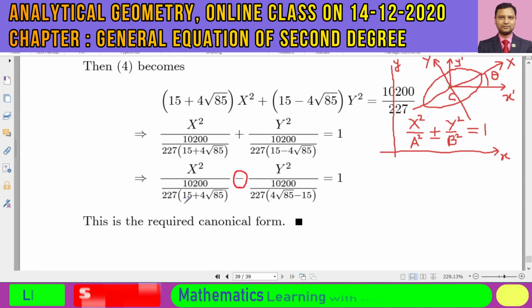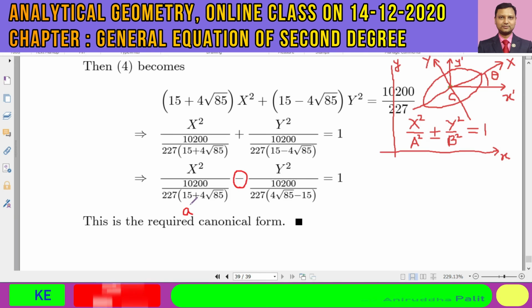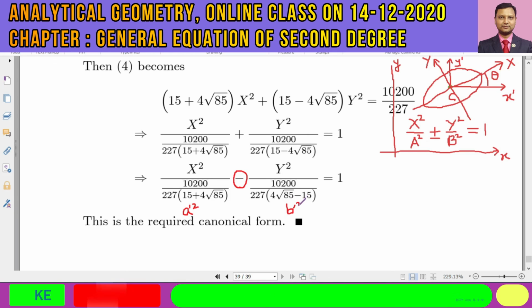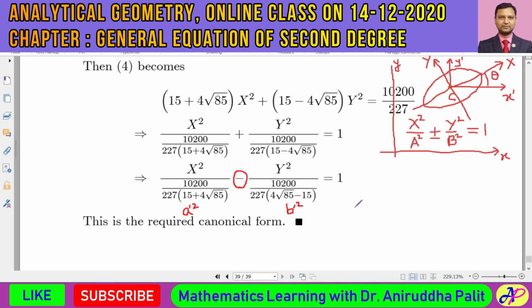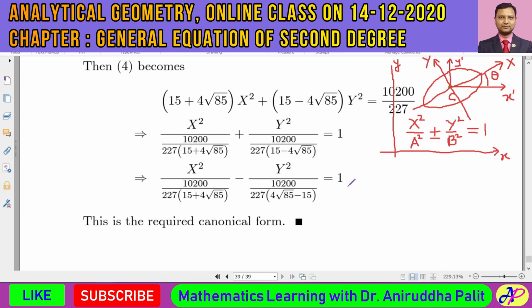So x square by some expression, this should be a prime square, and y square divided by b prime square. This should be our b prime square. Got it? So just to ensure this result, I am taking the minus sign, and then we get the canonical form of a hyperbola.